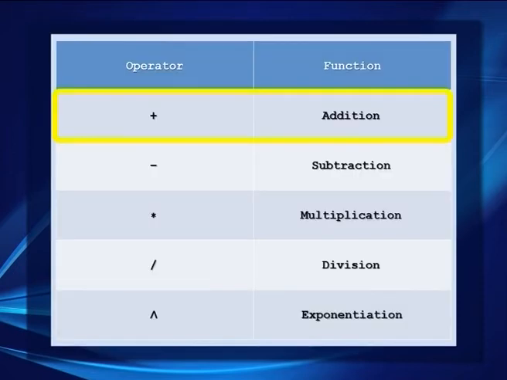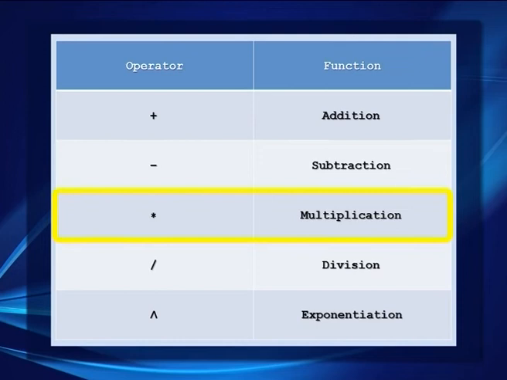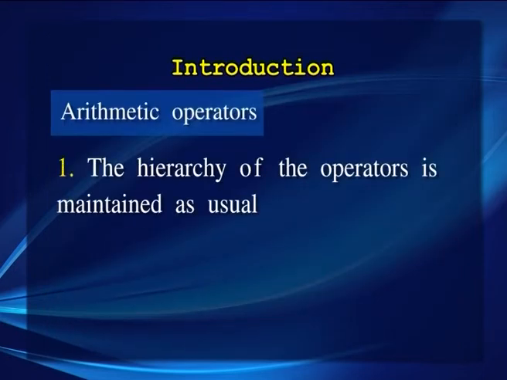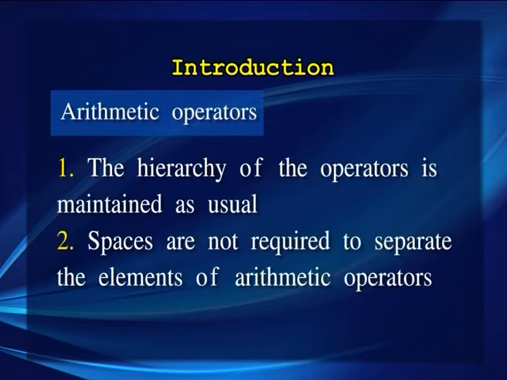So, plus symbol is used for addition, minus for subtraction, asterisk for multiplication, slash for division and caret for exponentiation. The hierarchy of the operators is maintained as usual. Spaces are not required to separate elements of arithmetic operators.